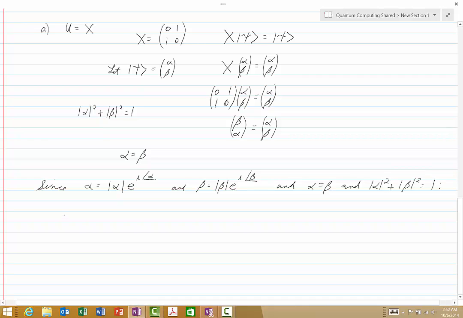Well, alpha equals beta implies that the magnitude of alpha e to the i phase of alpha is equal to magnitude of beta e to the i phase of beta.